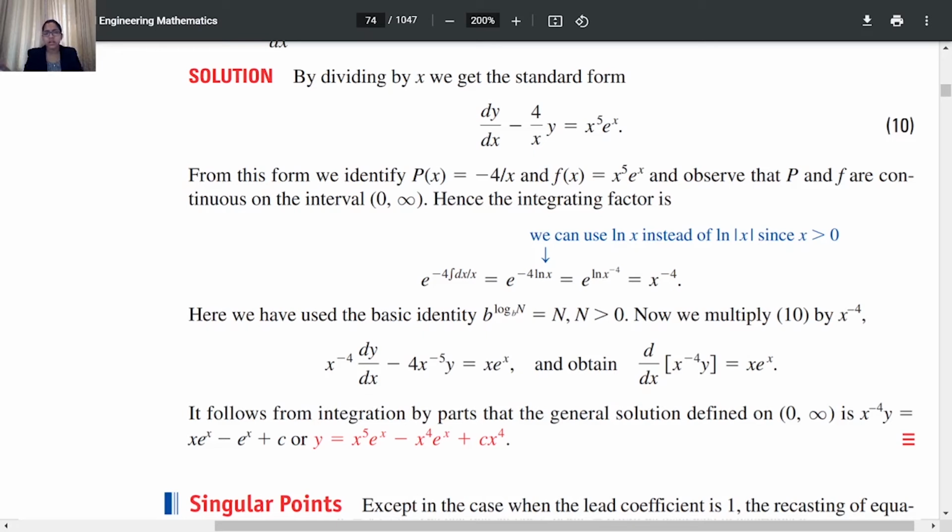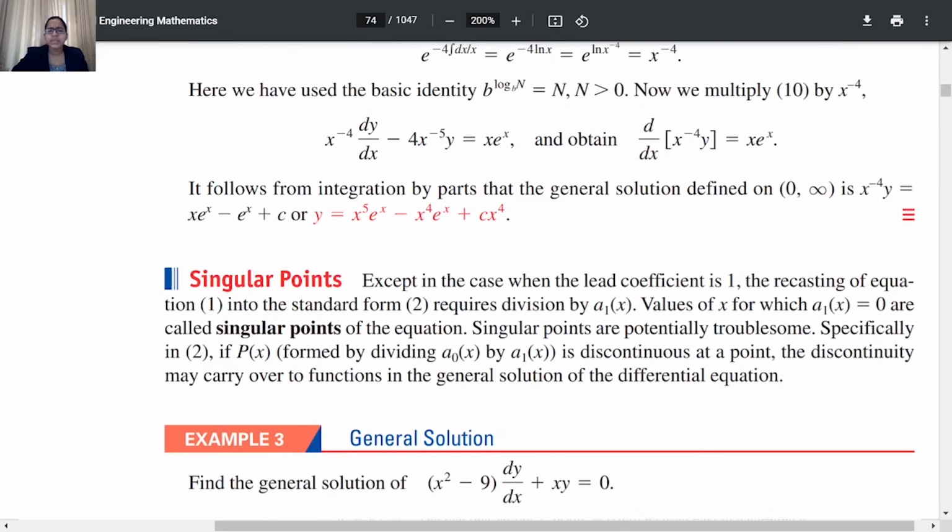Once you get the integrating factor, the solution is nothing but y into integrating factor is equal to integral of integrating factor into f of x. Okay, so you just have to integrate it, and if you have to determine y, just divide by the integrating factor on both the sides.